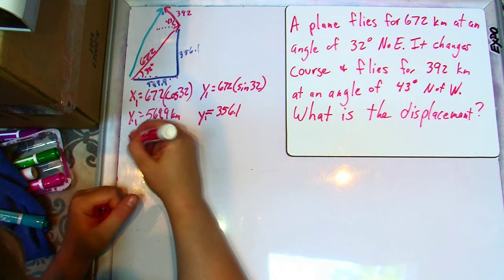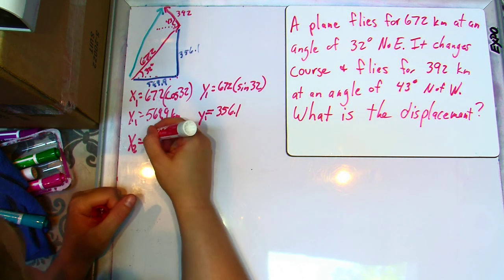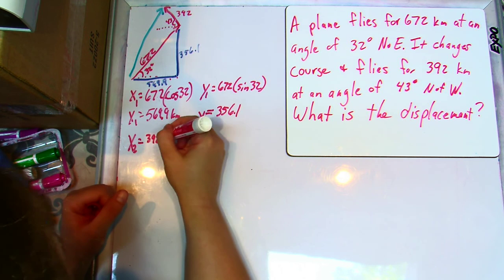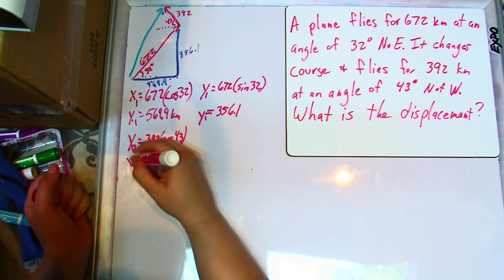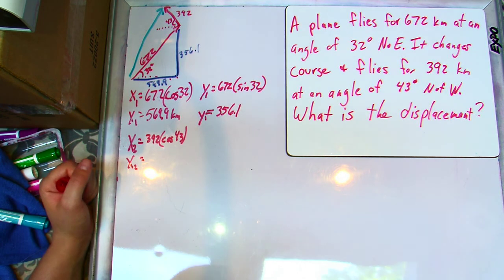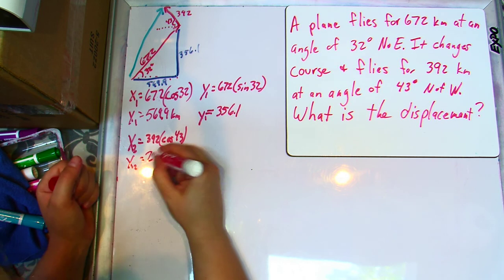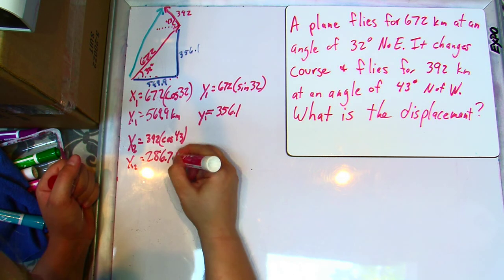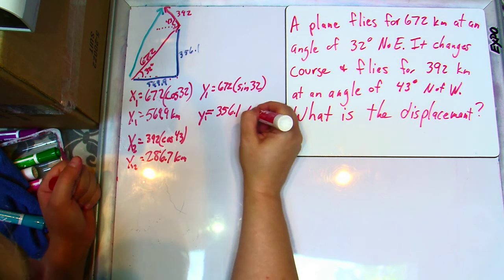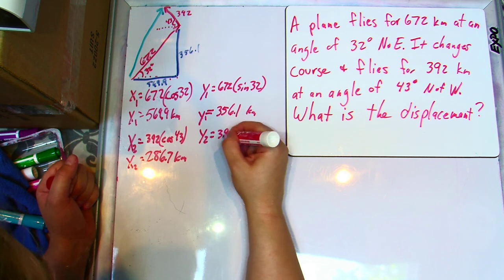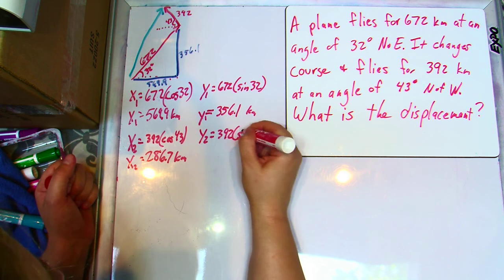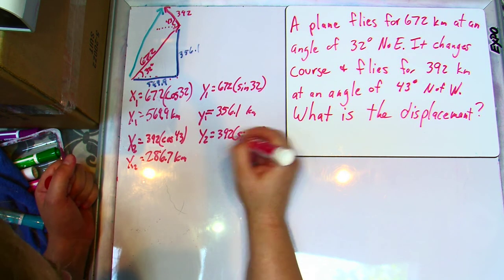We have x2 equals 392 cosine of 43. And x2 equals 286.7 kilometers. Y2 equals 392 sine of 43.